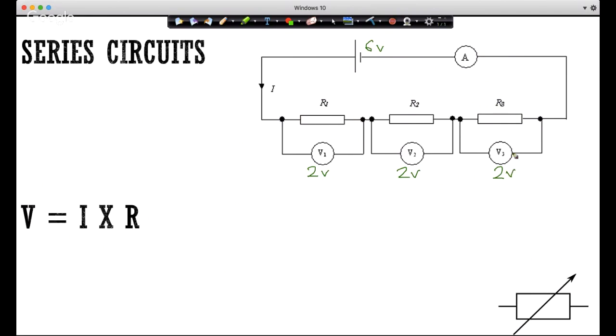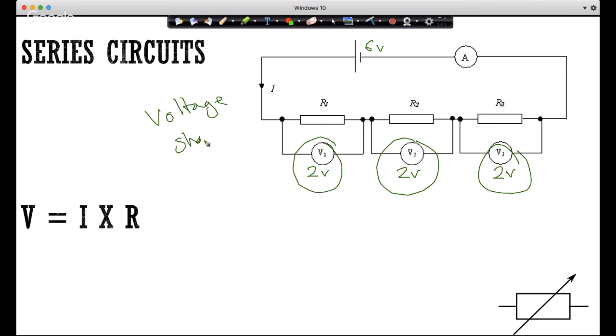So the amount of energy provided by each bit of charge is shared. A lot of waffle for me to say that in this type of circuit, voltage is shared, and current is the same all the way around. Voltage provided by the battery gets shared, current provided by the battery is the same all the way around.